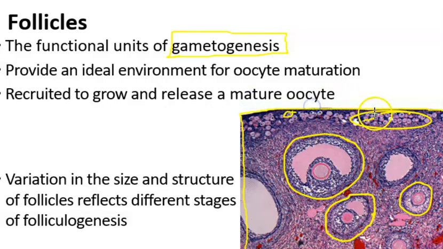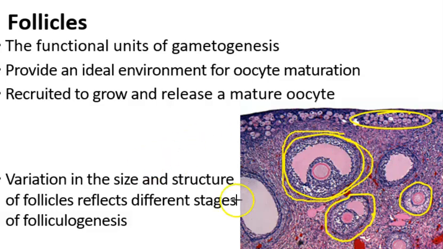But once mature, they become quite large, as you can see in this one right here. What they do is surround the oocyte and provide an ideal environment for the oocyte to mature.